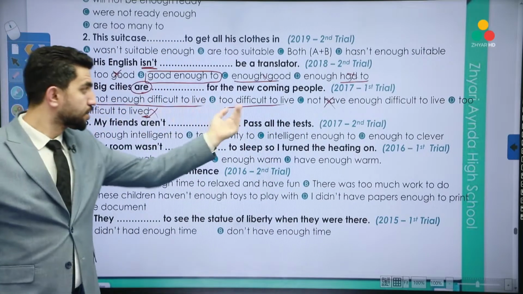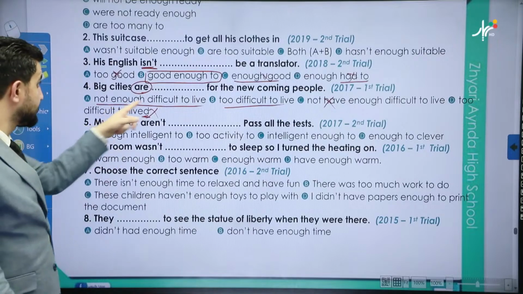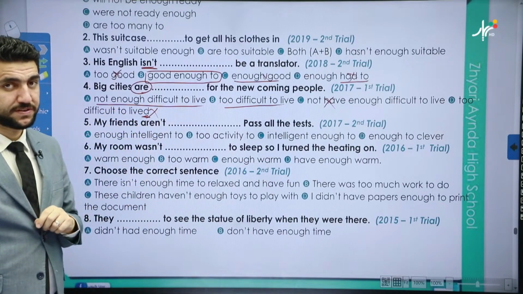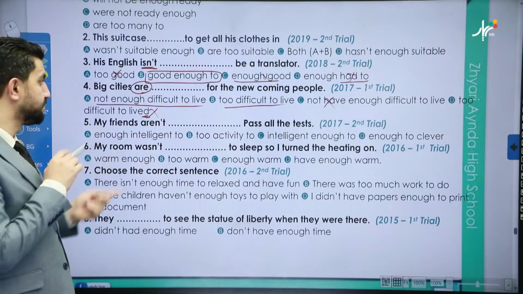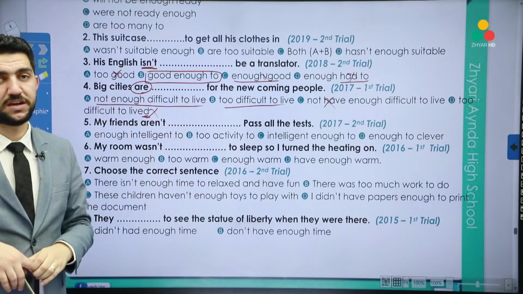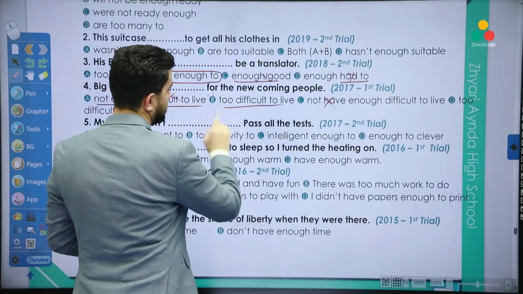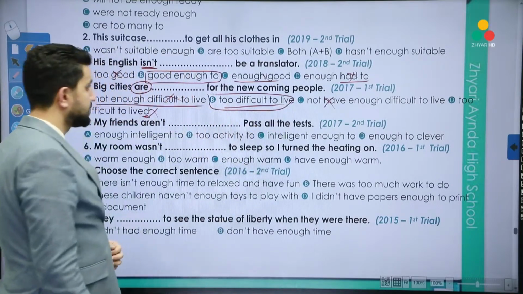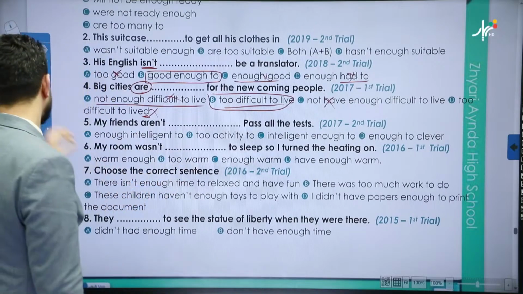Look, too difficult to live, not enough difficult to live. Difficult is an adjective. We said adjective comes before enough, right? Not enough difficult or not difficult enough. So this is also wrong. The correct answer would be: big cities are too difficult to live in for new coming people.